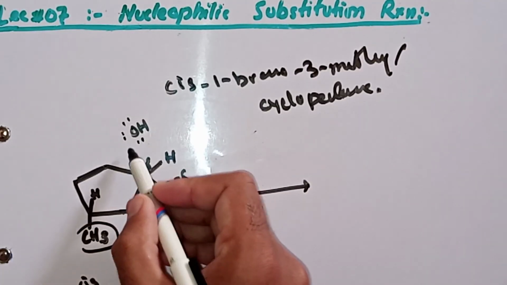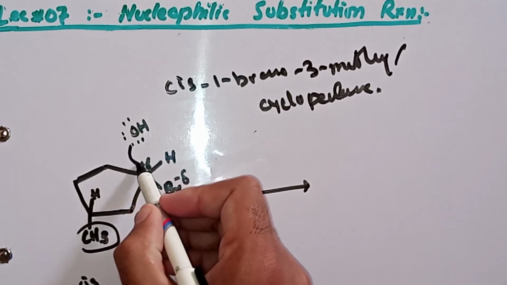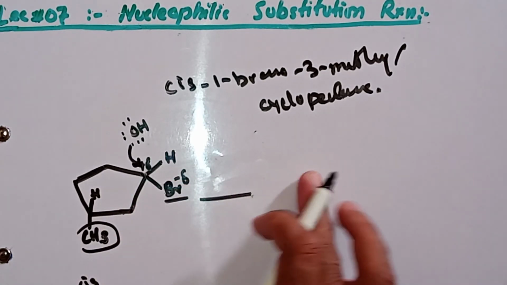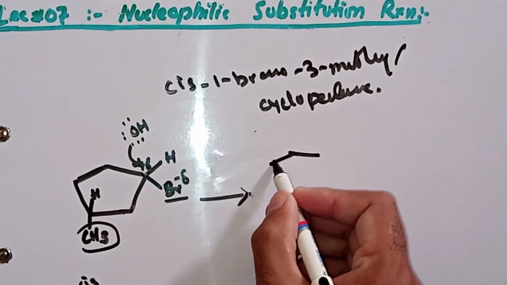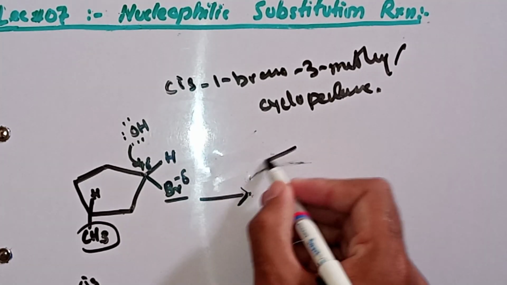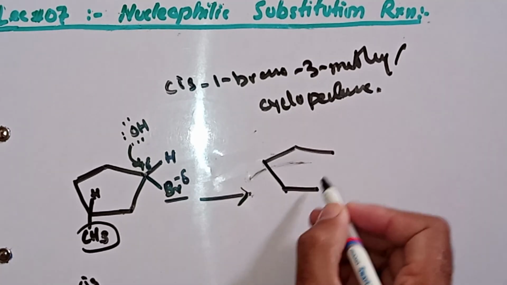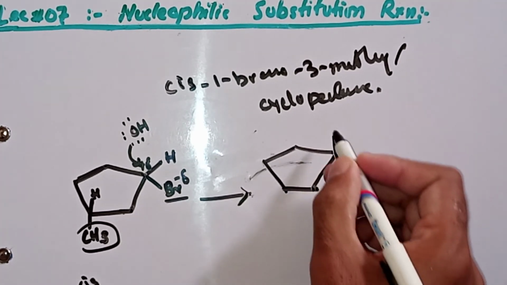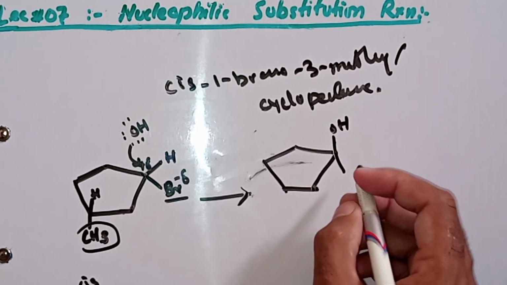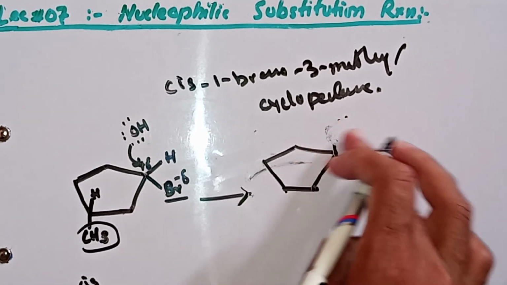When they attack, a transition state is produced. The transition state will be like that: the OH and the bromine are not completely bonded.